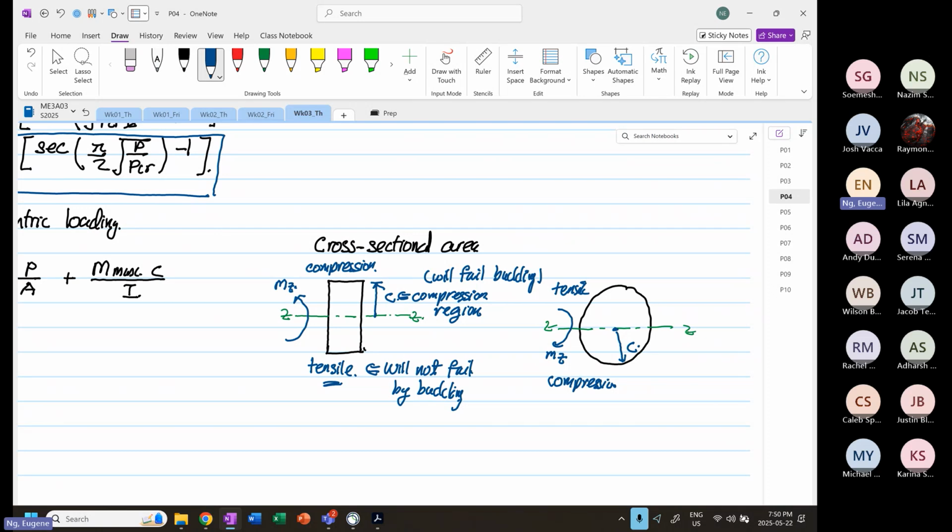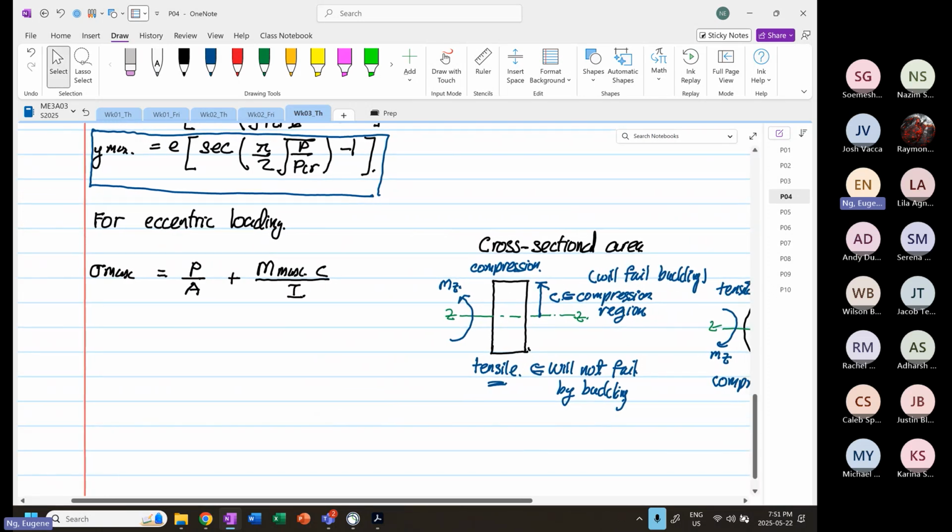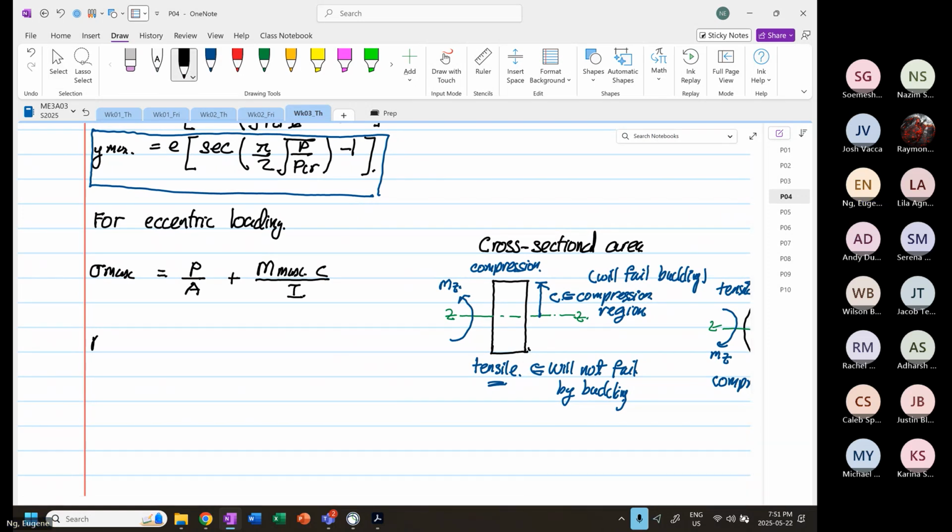Okay, so now we have to compute what is our M max. So M max is equal to P bracket Y max plus E, right?